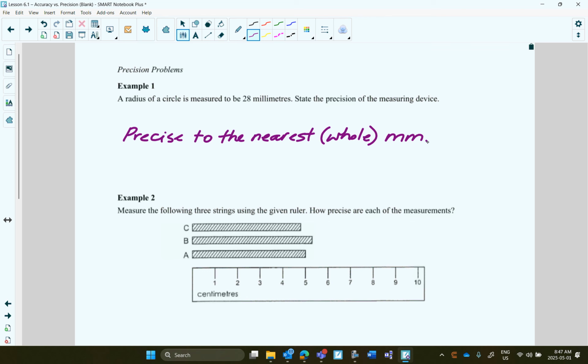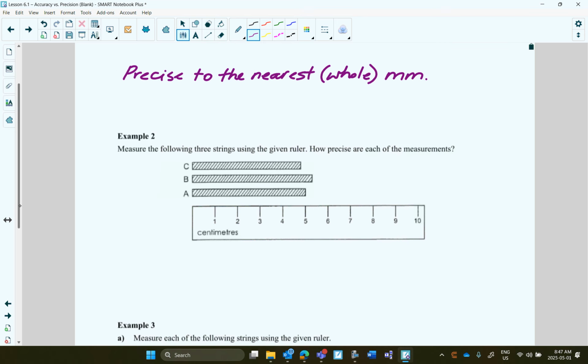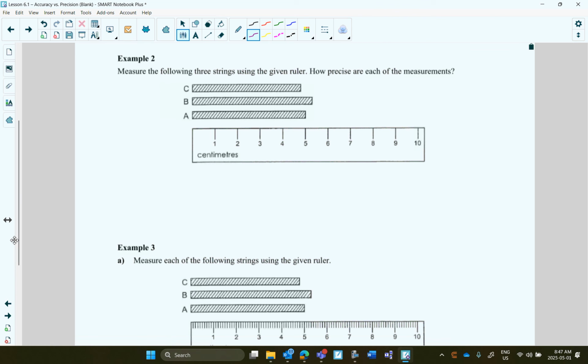If you're using a measuring instrument, it all depends on the divisions it's broken up into. That tells us how precise it is. So this one, is it broken up to the nearest whole centimeter, 10th, 100th, what?